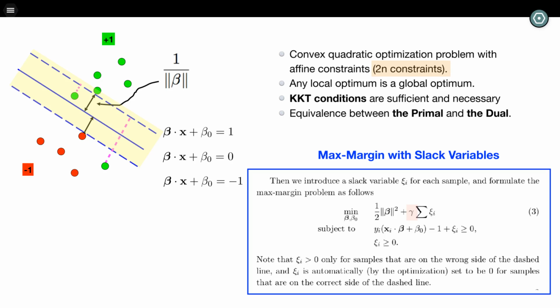I want you to notice that we have more constraints: n constraints and another n constraints, so 2n constraints. But it's still a convex programming problem. So a local optimum is a global optimum, and we will have the equivalence among those three elements: primal, dual, and the KKT conditions.